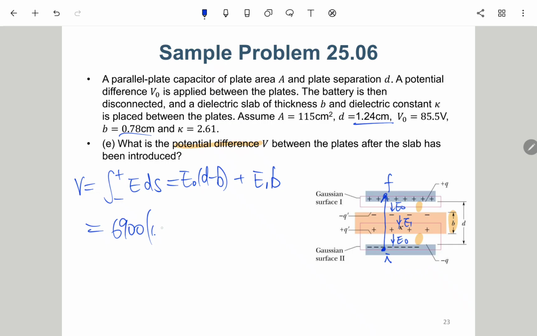So 1.24 minus 0.68 times 10 to the negative second power, and then plus E1, which is 2640, times 0.78 times 10 to the negative second power.